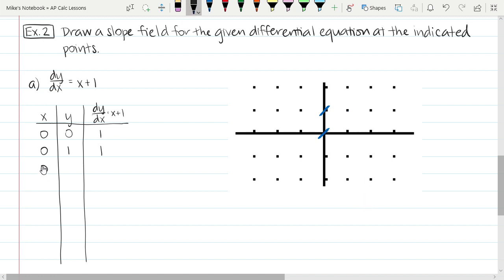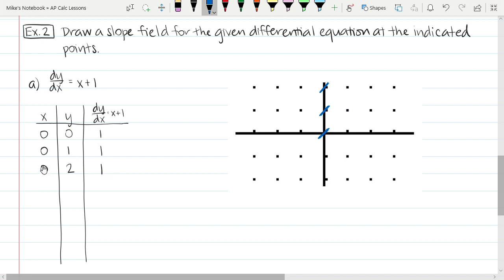Notice now, if x is 0 and y is 2, it's still going to be 1. So hopefully what you're noticing is that because this particular example, dy/dx, is not in terms of y, it's only in terms of x, the y doesn't actually affect the value of dy/dx. dy/dx is only affected by the value of x.